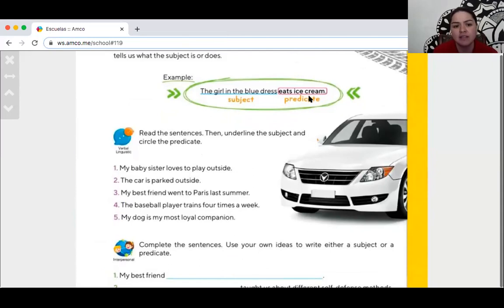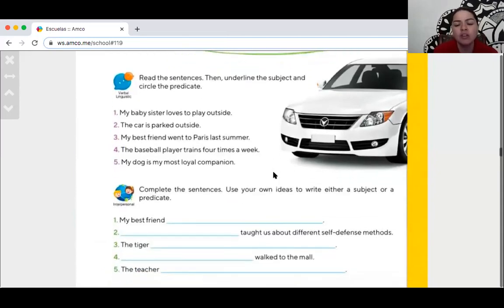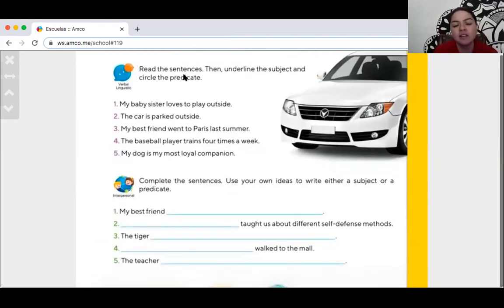She's eating ice cream. Now, what you're going to do in this page: read the sentences, then underline the subject and circle the predicate. First sentence, my babysitter loves to play outside. What would be the subject? Is the subject loves to play outside? No, because the subject tells us the noun, my babysitter, okay?